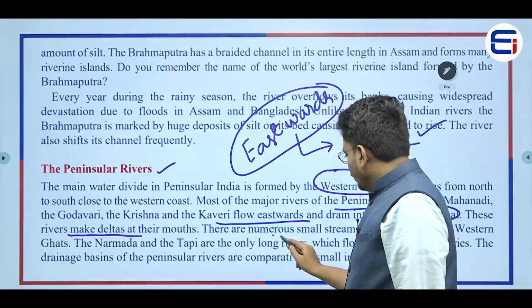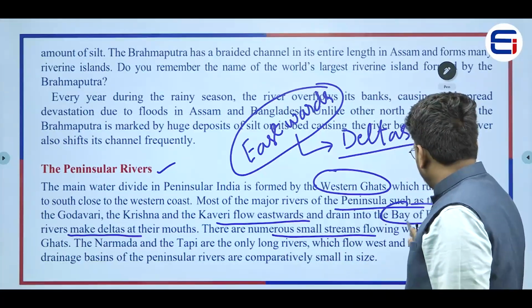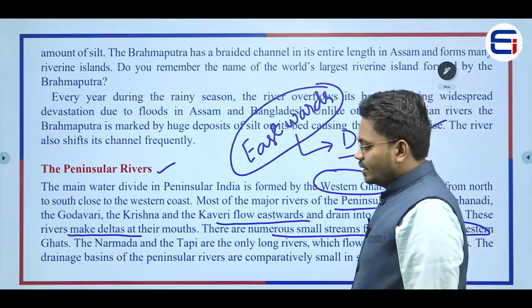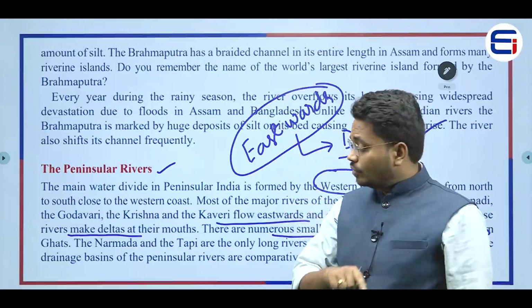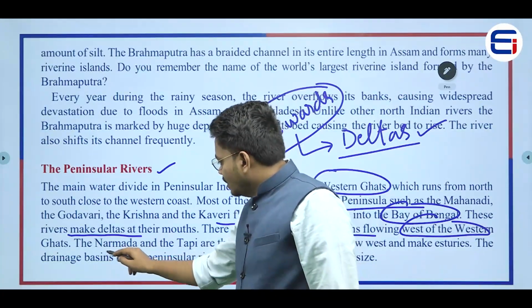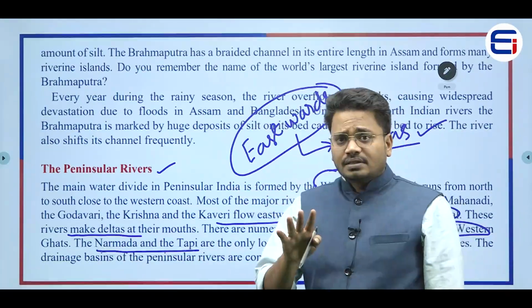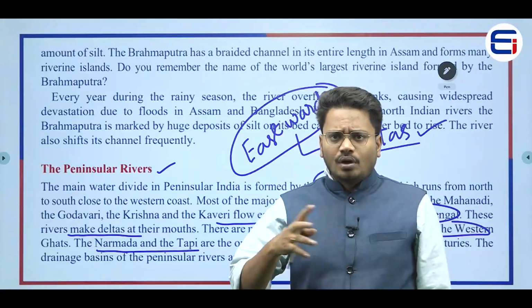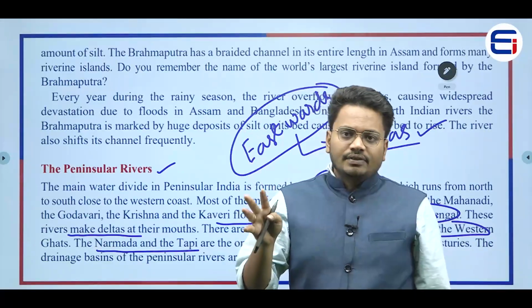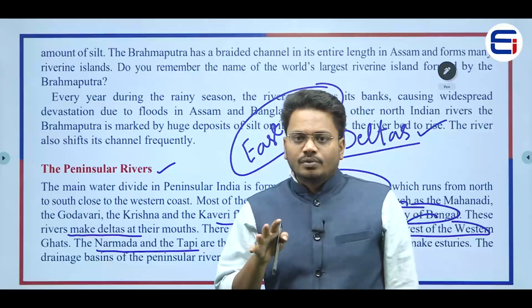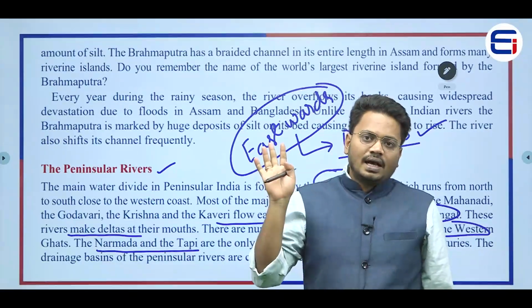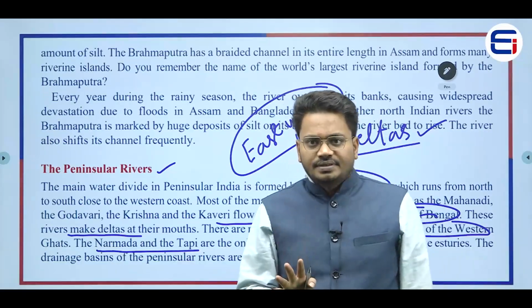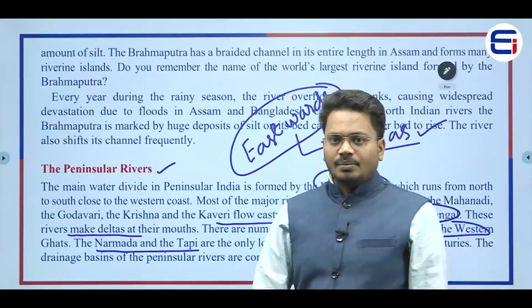Now there are numerous small streams flowing west of the Western Ghats. What are the examples of rivers which flow towards the western side? Narmada and Tapi, these are the big rivers, right. These are long rivers which start in the Western Ghats, or in the central highlands, flow towards the western side, and mix with the Arabian Sea.